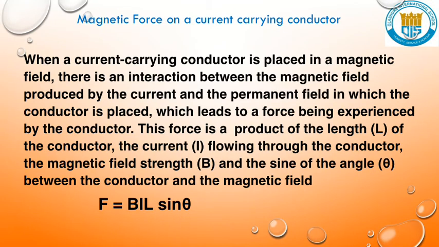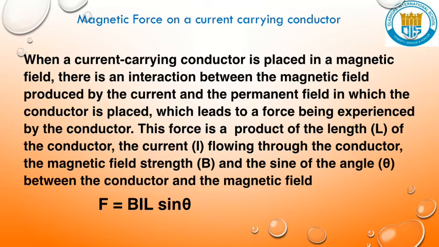Now let's look at magnetic force on a current carrying conductor. Now, remember we already said that a conductor that has current flowing through it has a magnetic field around it. So when you have a conductor that is just by itself, but current is flowing through it, then there is a magnetic field around that conductor.